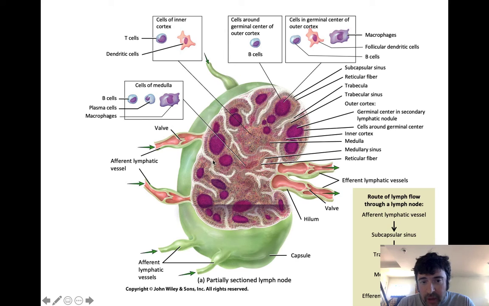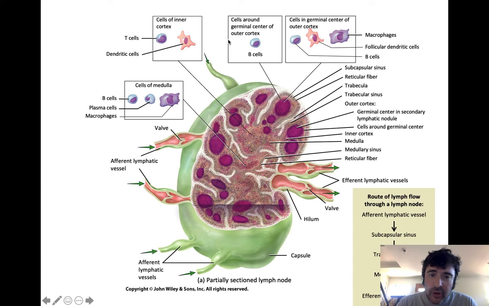Then you get the trabecular sinuses because these connective tissue networks that fold in are called trabeculae, and these trabecular sinuses allow that lymph to travel internally in the lymph node. In the center of the lymph node, you have the medullary sinuses, which feed back into the trabecular and ultimately the subcapsular sinuses into the efferent lymphatic vessels. And after the last lymph node, you're no longer talking about lymphatic vessels, you're talking about lymphatic trunks.